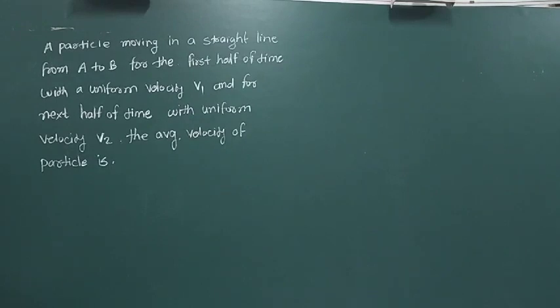Now see the next numerical. A particle is moving in a straight line from A to B. So we can draw a diagram.